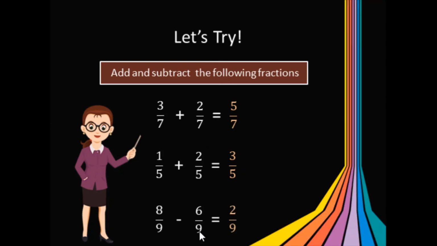It is because we did 8 minus 6, we get 2, and then copy the denominator 9. So it becomes 2/9. Did you get the right answer? Okay, that's good.